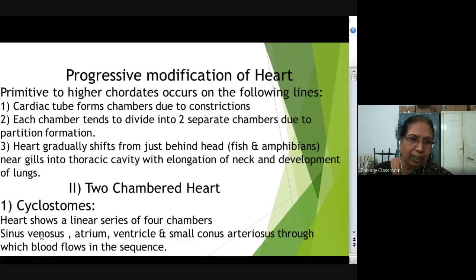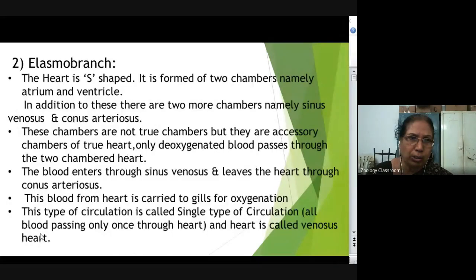First is the sinus venosus, second the auricle or atrium, third the ventricle, and fourth the small conus arteriosus. Then in dogfish, this is the main example. We compare fish with reptiles, aves and mammals in this way. Elasmobranch, dogfish, is the example.